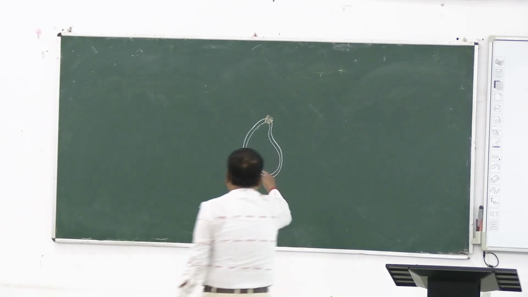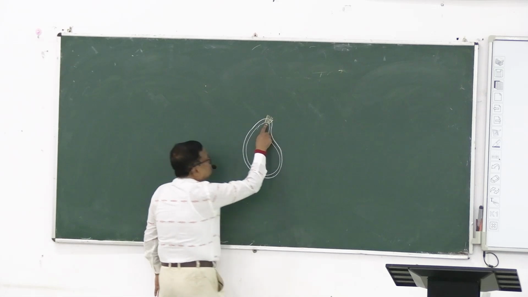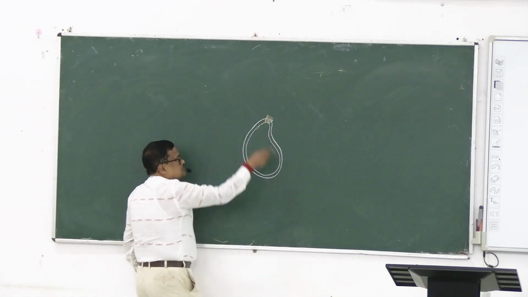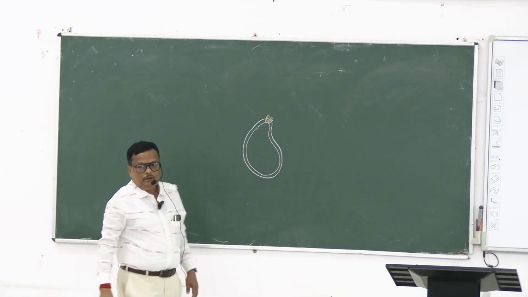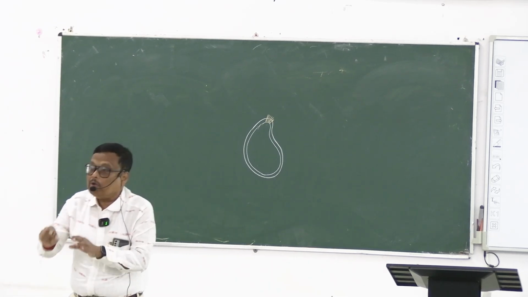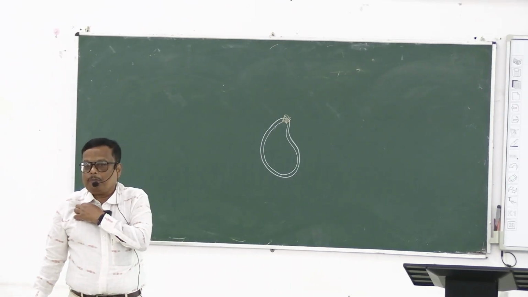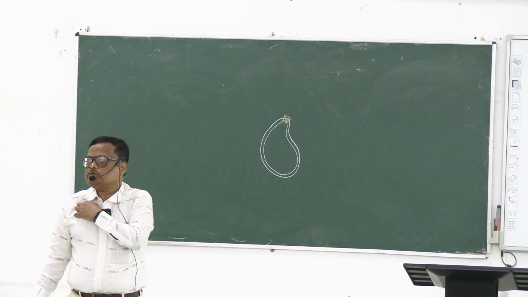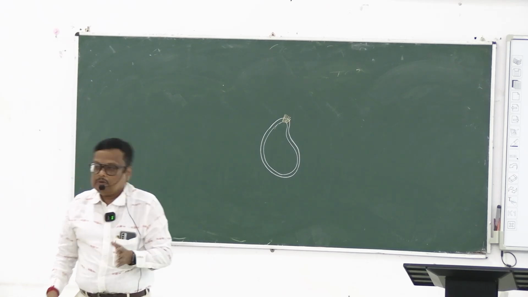This is the glenoid fossa, this is the supraglenoid tubercle, from this a cut section of biceps arising. So, this head of biceps is intracapsular, and the head of biceps arising from the coracoid process is extracapsular, right?